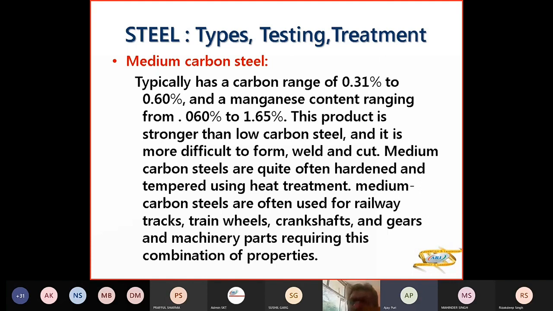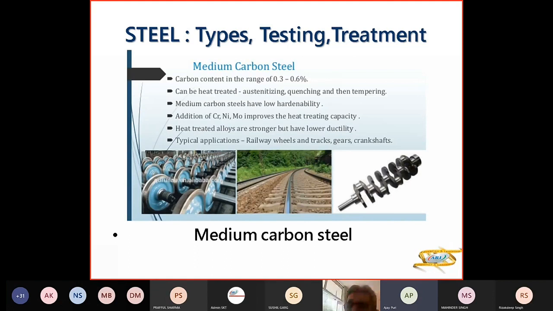This is used for railway track because it can take load, railway wheels because they can take load, crankshafts of your cars, of your ship, of your other bodies, and gears, machinery parts requiring a combination of the properties. So here you have the train wheels, crankshaft, and the railway track.